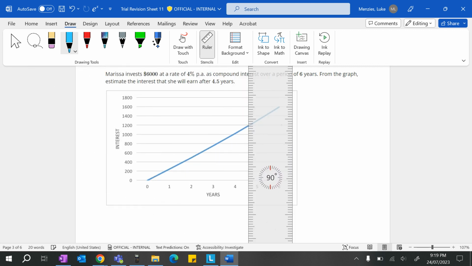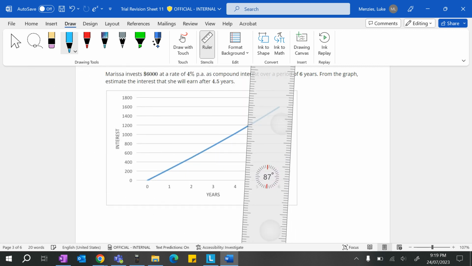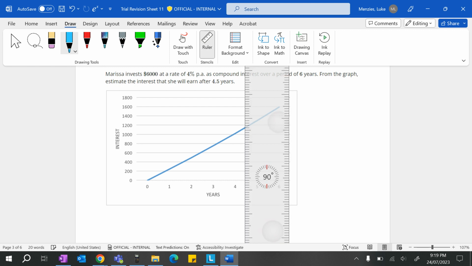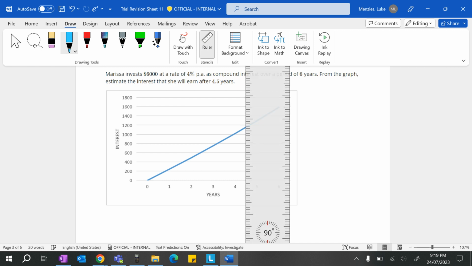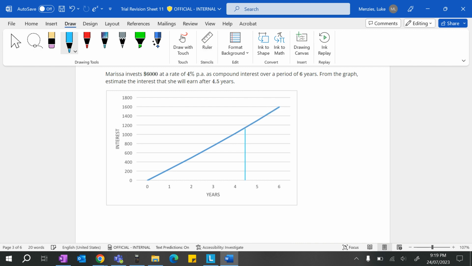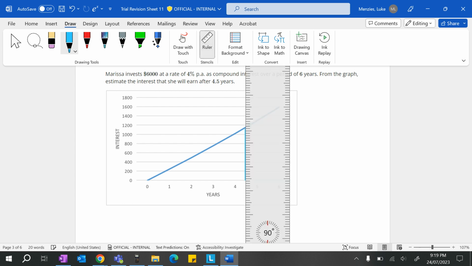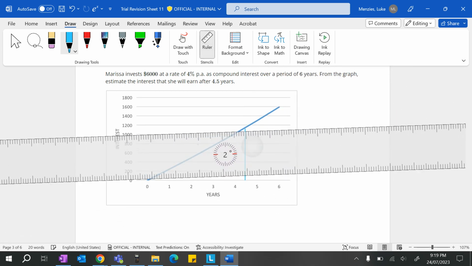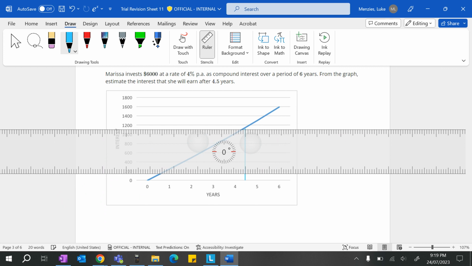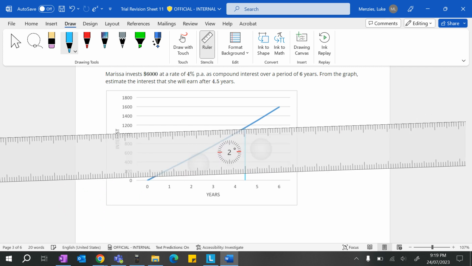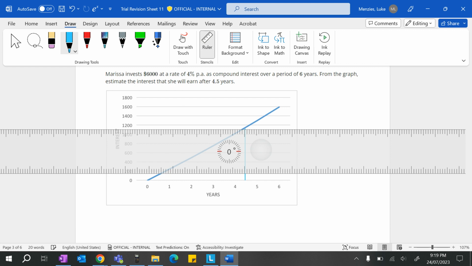Remember, take a ruler to your trial, about halfway. And then we're going to go across and bring it back to 0.